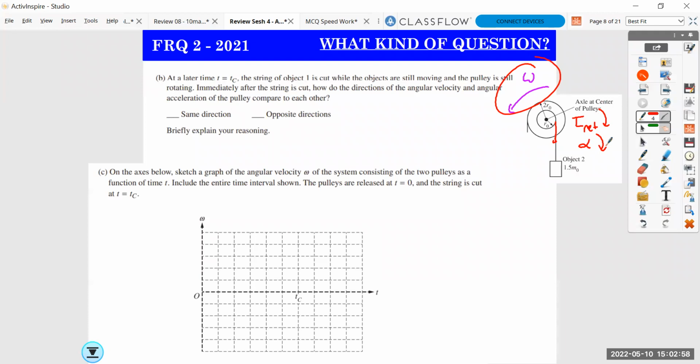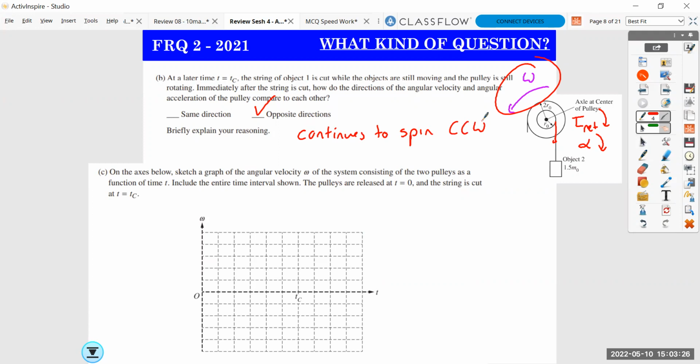So the moment we cut the string, our wheel is still spinning counterclockwise, but it's now accelerating in the clockwise direction, so it's going to start slowing down. My explanation here, I think, is that it's got angular momentum. It continues to spin counterclockwise for at least a little bit before it turns back.